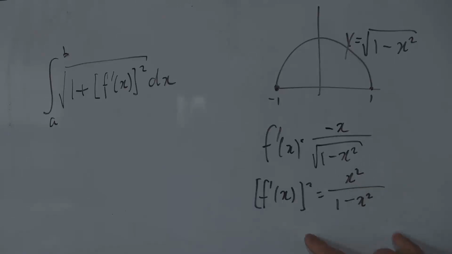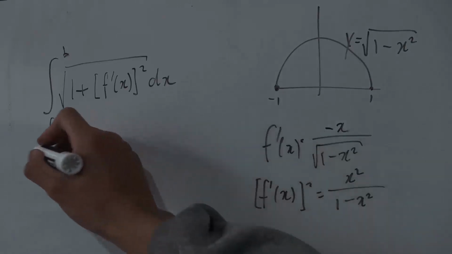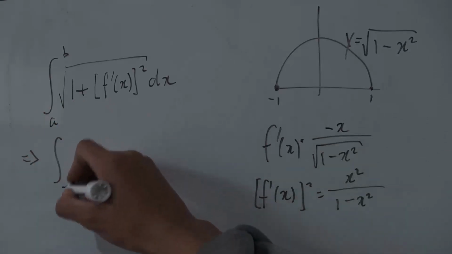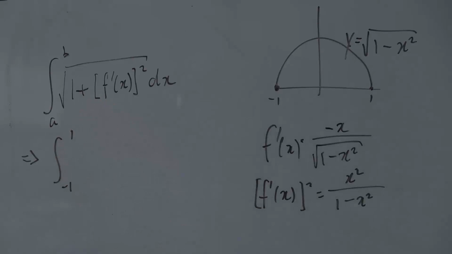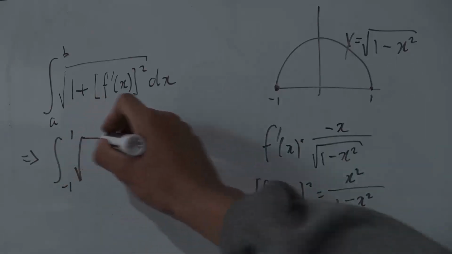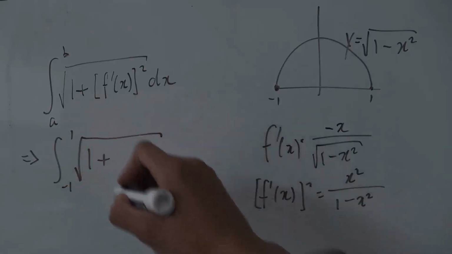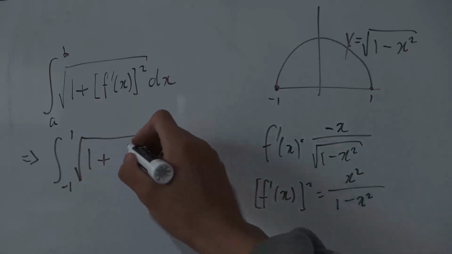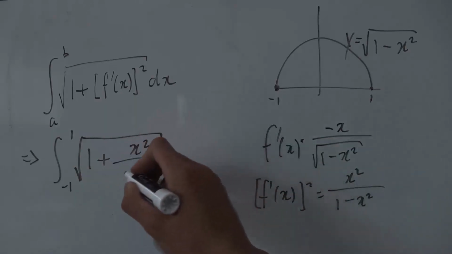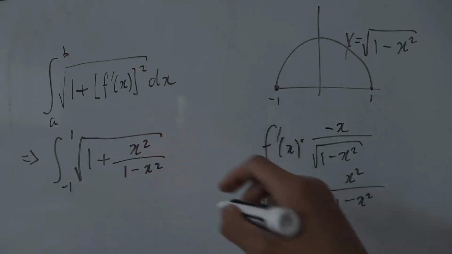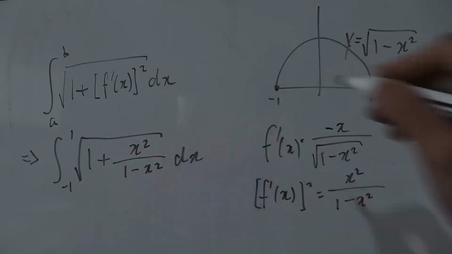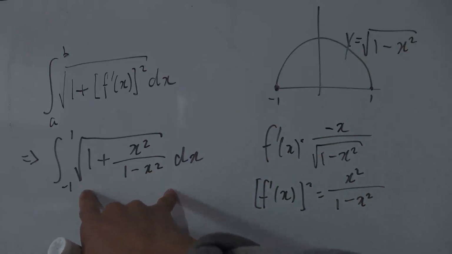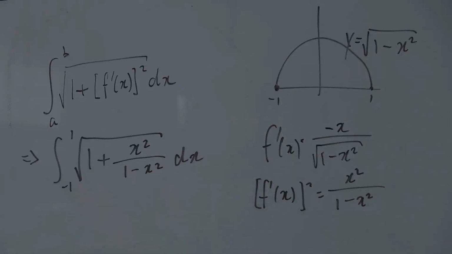So now we can plug this information into here. We have the integral, our bounds are -1 and 1, and we have a big square root of 1 plus, and this f prime of x squared is the thing we found right here. So we have x squared over 1 minus x squared, and then we have a dx hanging off the end here. Alright, so now we want to combine this a bit to make things neater.